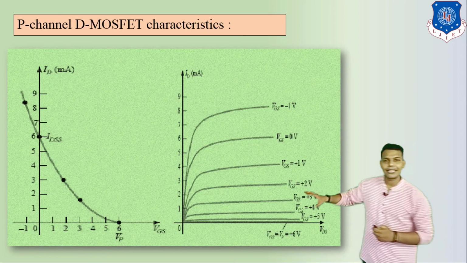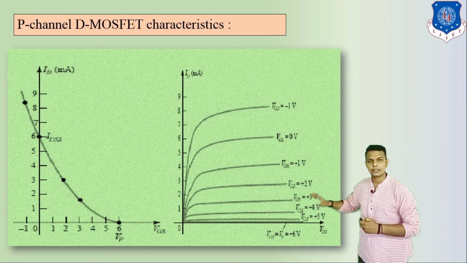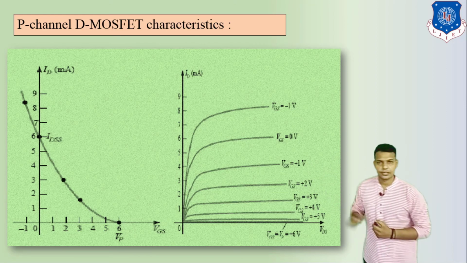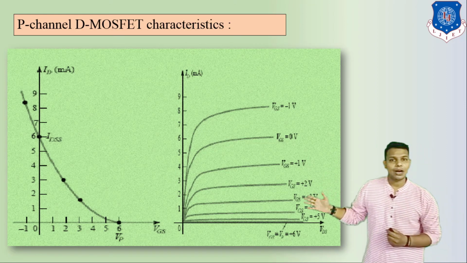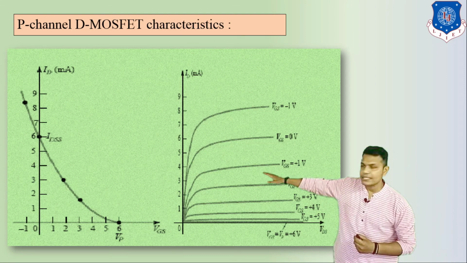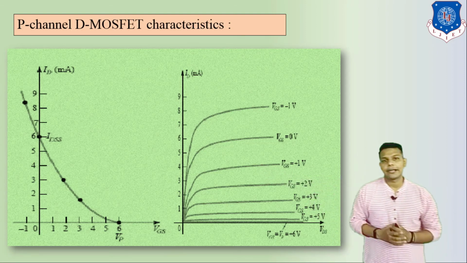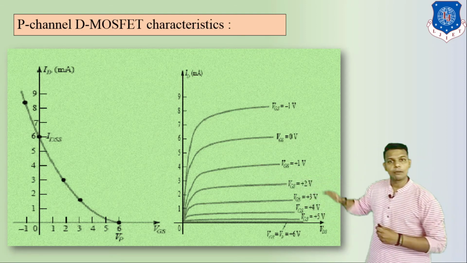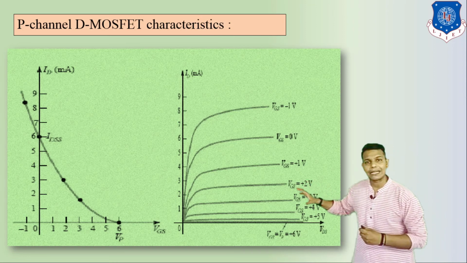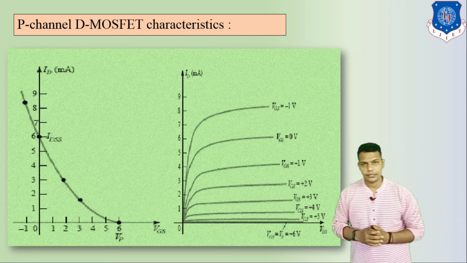So we can conclude these 3 cases in these characteristics. This is known as the drain or output characteristics, and this is the transfer characteristics. From the drain characteristics, we can easily plot the transfer characteristics.